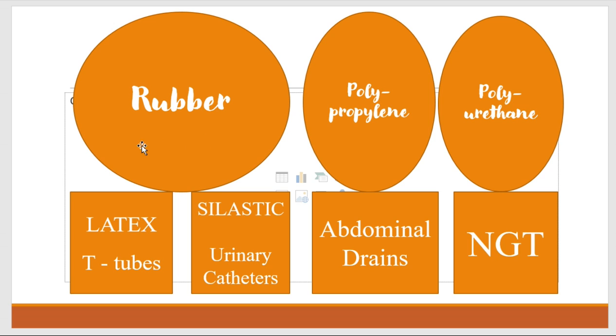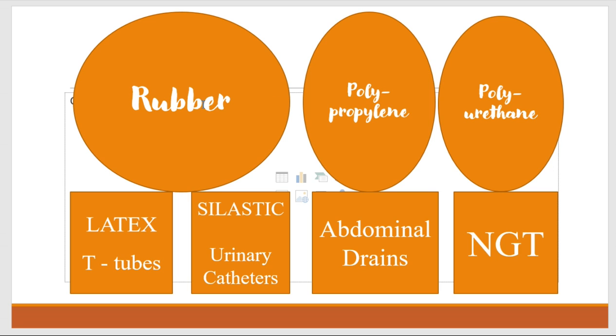The first one is rubber, the second one is polypropylene, the third one is polyurethane. These two are polymers of these compounds. Polypropylene is a polymer of propylene, polyurethane obviously a urethane polymer, and the third one is rubber.